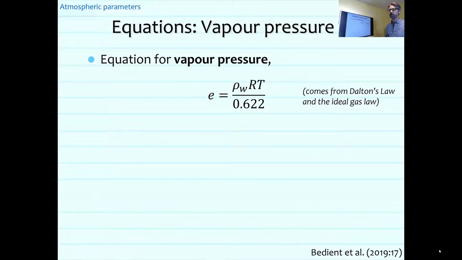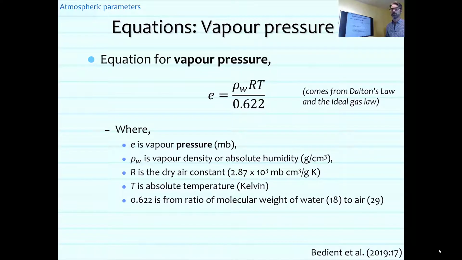There's an important equation for the vapor pressure. Vapor pressure is given as the symbol E, and it's rho_w R T over 0.622. E here is the vapor pressure. It's measured in millibars, which again is like pascals or kilopascals. Rho_w is the vapor density, or the absolute humidity. It's measured in small units of grams per cubic centimeter.